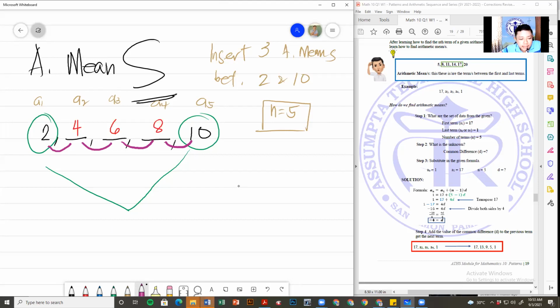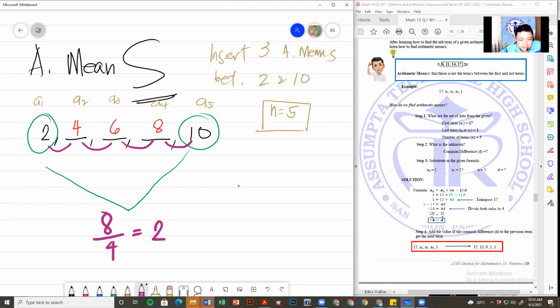8. Next, how many movements did we make from our illustration? There are 4. So 8 divided by 4, what's the answer? Type in the chat box. 2.